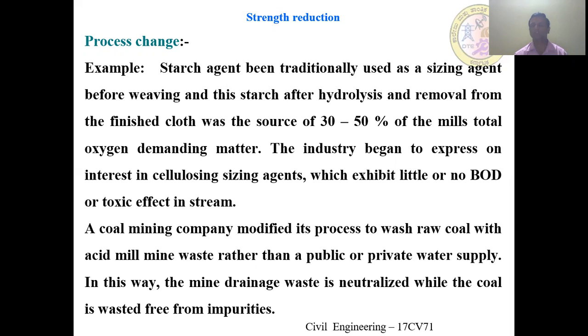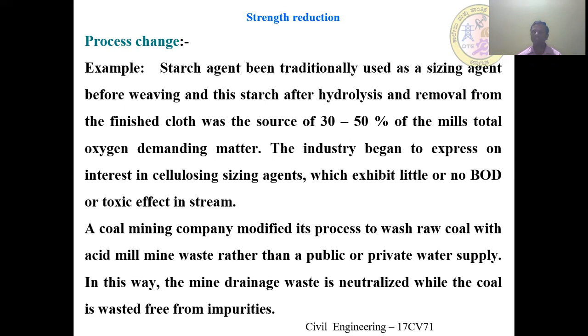In the textile industry, starch has traditionally been used as a sizing agent before weaving. This starch, after hydrolysis and removal from the finished cloth, was found to be 30 to 50% of the mill's total oxygen demanding matter. The industry began to express an interest in cellulosic sizing agents which exhibit little or no BOD or toxic effect on the stream.